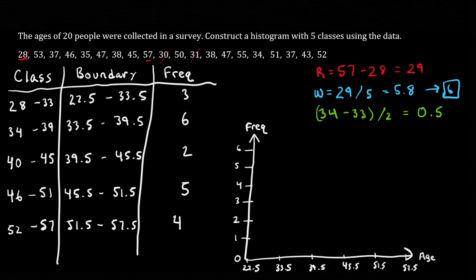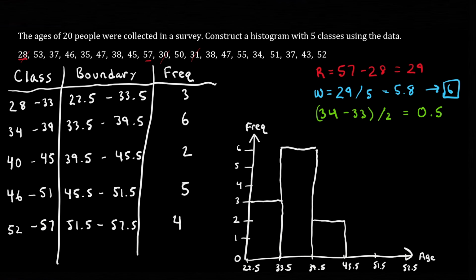Awesome. So we can just use our frequency table to fill in our histogram. So the class between 27.5 to 33.5 has a frequency of 3. So filling in this rectangle. The next class has a frequency of 6. The next class has a frequency of 2.